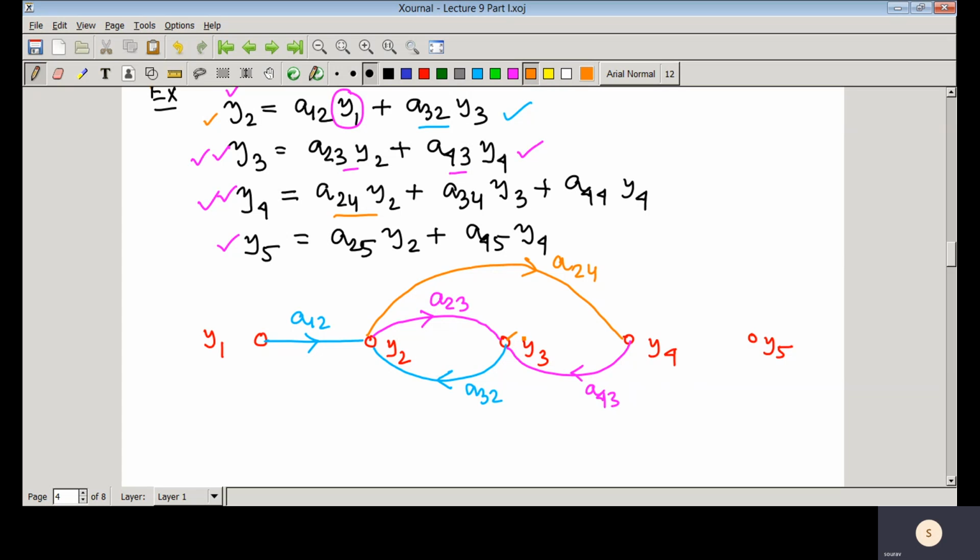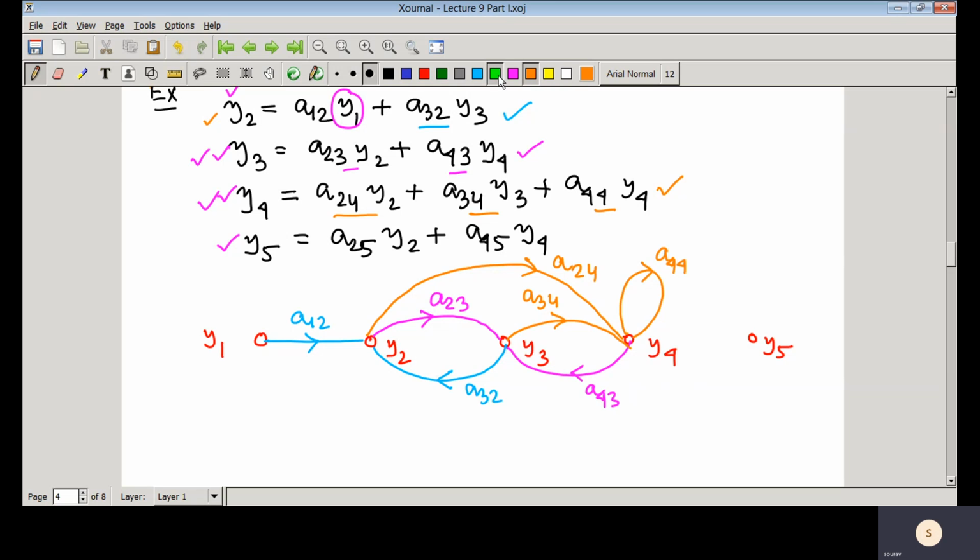So that means there will be another branch here, that is A34 into Y3, and the last one is A44 into Y4. That means it has a self loop here, and A44 is that gain. So this particular algebraic equation is represented by that part of the signal flow graph.